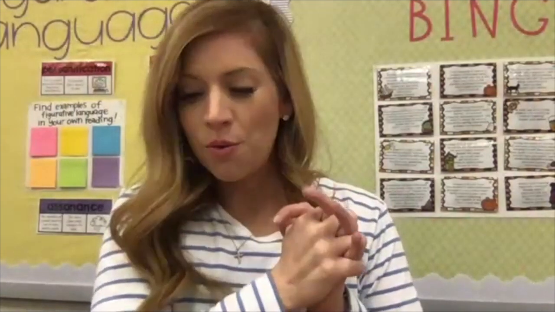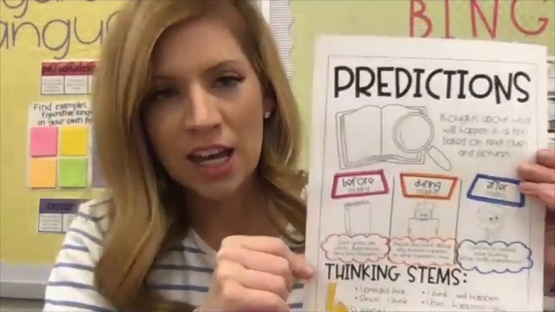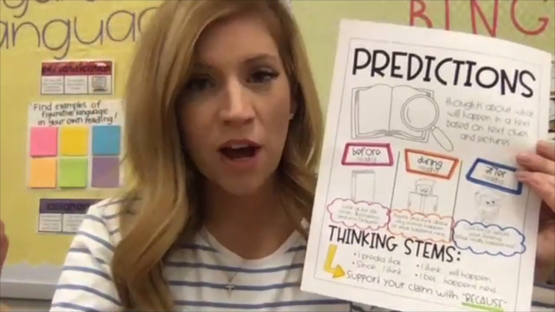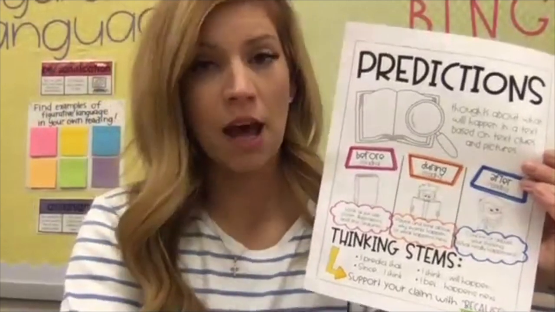Of course, you guys, we have talked so much about text clues. We were detectives last week, and we talked about how we use the text clues, what's in the text, and we use our schema, our mental filing cabinet, what we already know, all of our background knowledge, and we put those things together to make inferences. And it's very, very similar with predictions. With predictions, we're taking an educated guess at what's going to happen, or maybe why something happened.